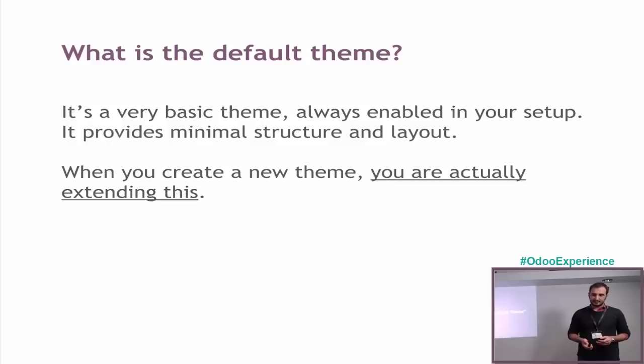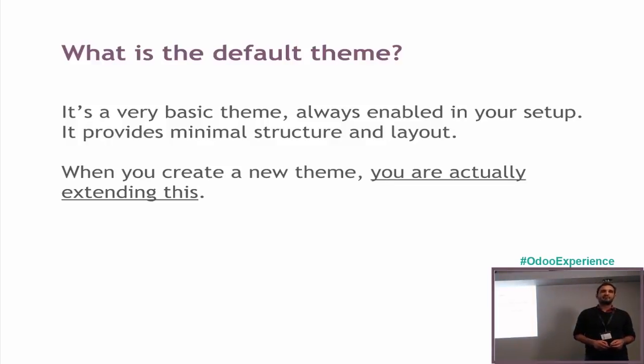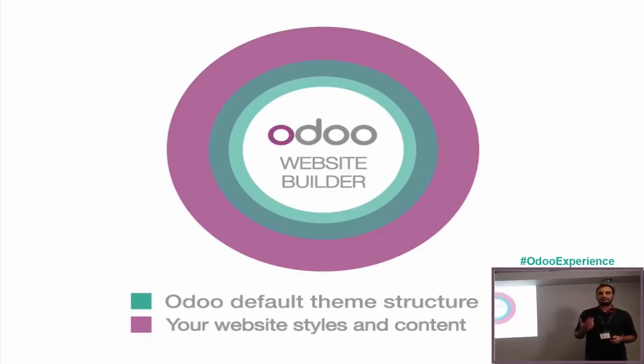So let's start with the default theme. The default theme is a very basic theme that is always installed in Odoo. When you create a new theme, or you buy one of the themes that we or our partners provide, you are extending the default theme. The default theme is built around the website builder module, and it provides structure, asset management, and compatibility with the website editor.